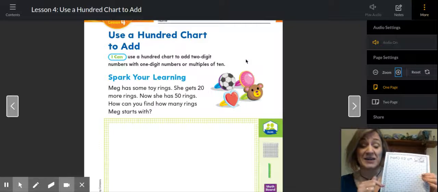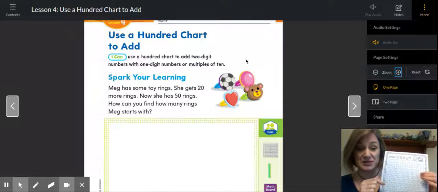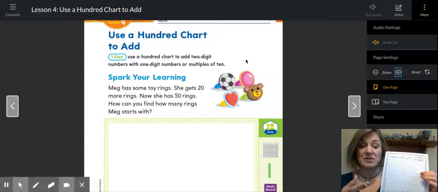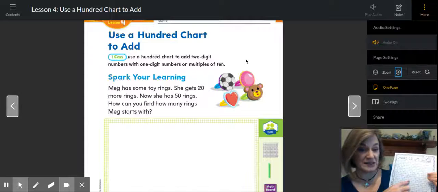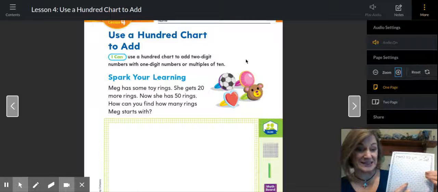So if I ever say to you, or if any other teacher says to you, if they give you a number and they say, what's that number plus 10? Let's say 56, if I said, what is 56 plus 10? You don't have to hop around the corner and count 10. You can just go 56, go down one, 66. 56 plus 10 is 66.